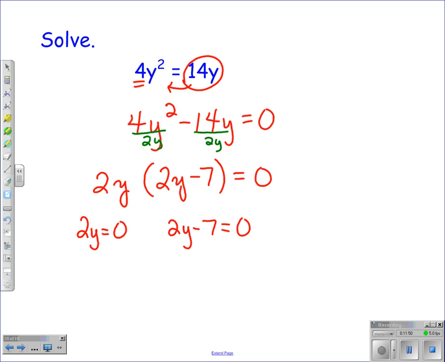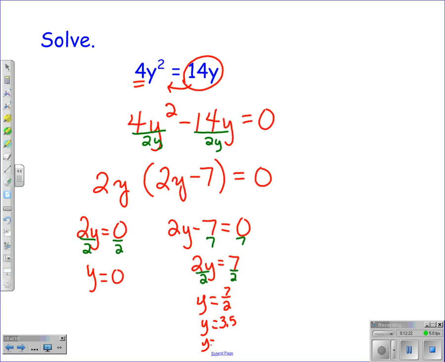When we divide by 2 on both sides of this equation, as we got before, we'll find out that y is 0. And on this one, we are going to add 7 to both sides first. Be careful about your order of operations here. 2y is equal to a positive 7, and then we want to divide by 2 on both sides so that we find out y is equal to 7 over 2, or you could have y is equal to 3.5.